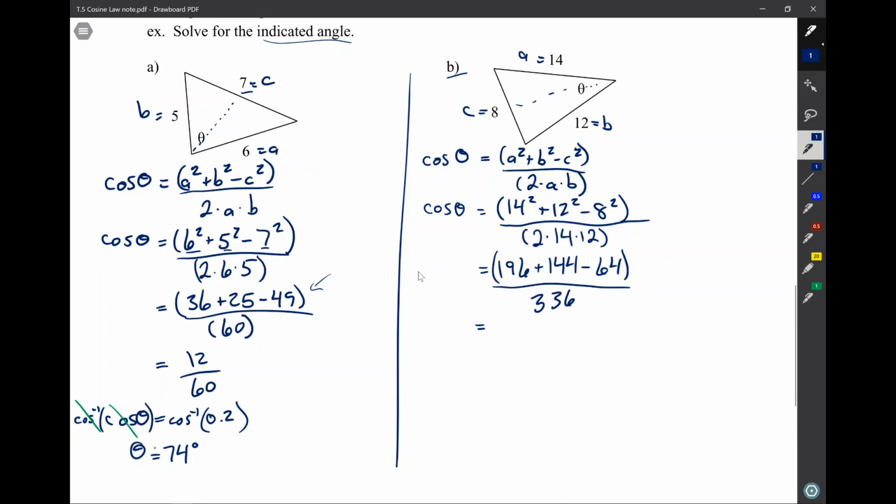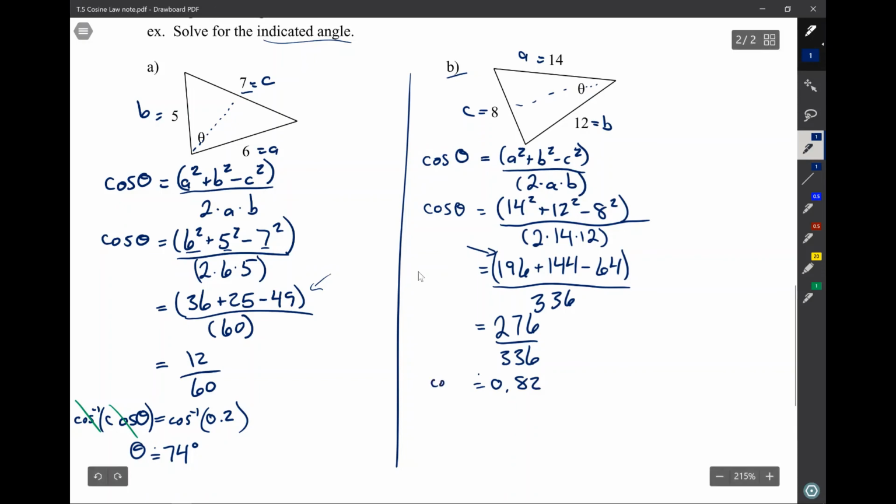And now I can calculate what's inside my brackets here. So 196 plus 144 minus 64 equals 276 divided by 336. Well, I can plug that into my calculator as well, and I get 0.82 approximately.